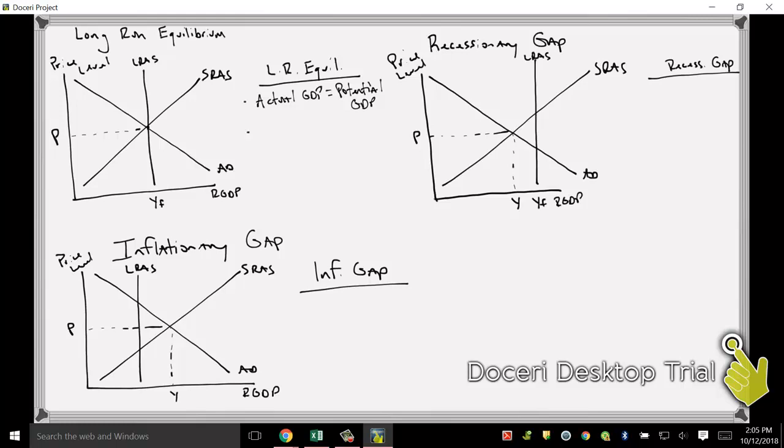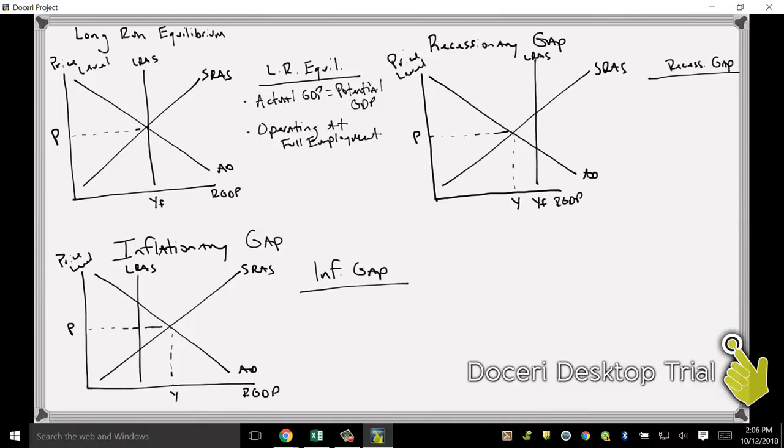Now, some terminology that we use is when we're at long run equilibrium, we would say that we're operating at full employment. Because when we're operating at our potential, that means that we are utilizing all of our resources, or all of our resources are being fully employed.